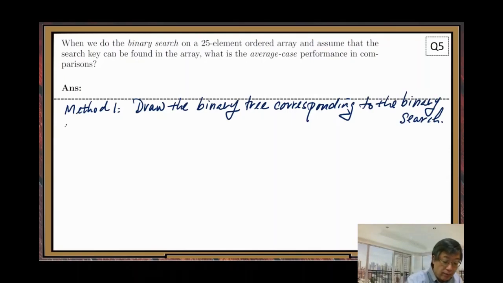All right. Method 2. Can we use the previous method we just discussed in the previous slide? Yeah.